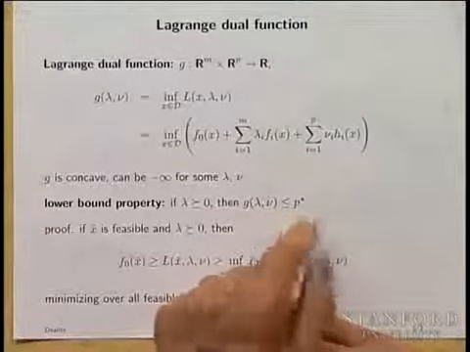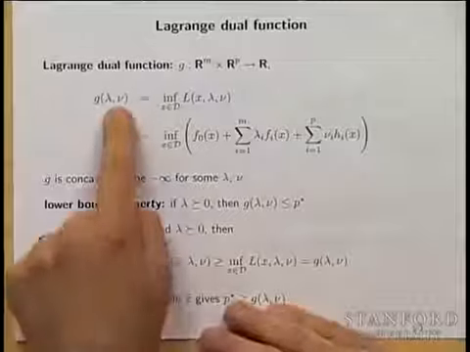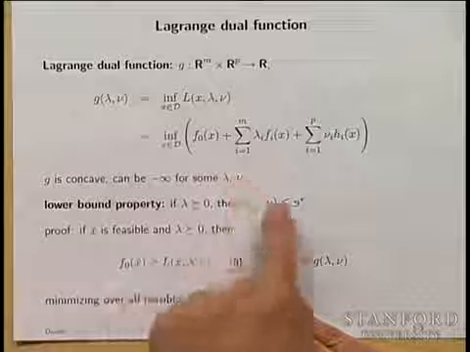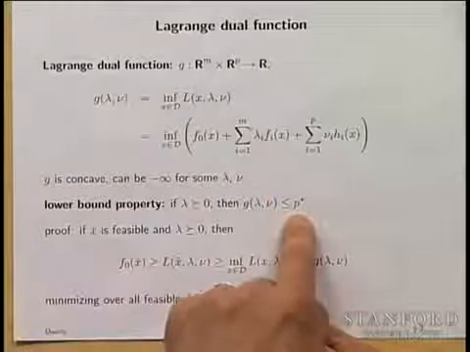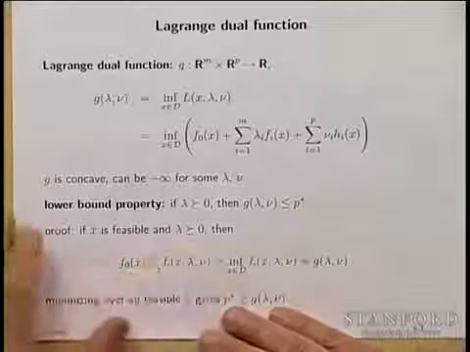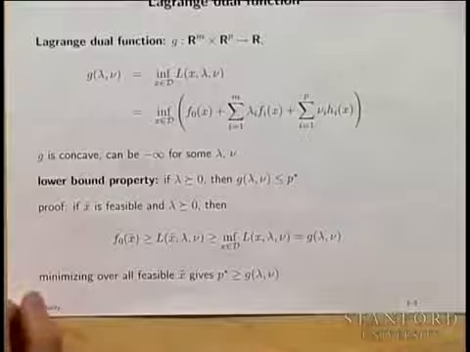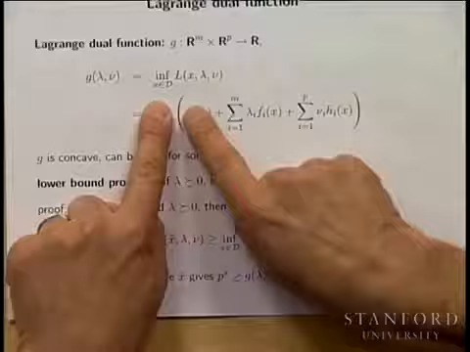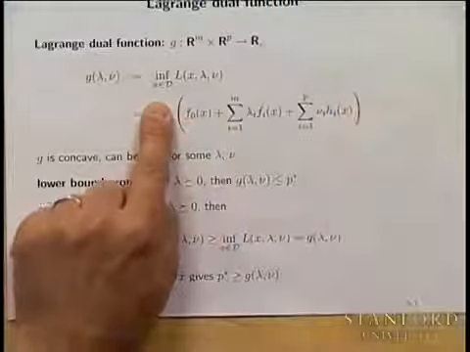Looks very complicated. It's quite profound. It says basically if you can evaluate g, this dual function, you're going to get a lower bound on the optimal value of the original problem. That's what it says. So the argument is embarrassingly simple. Let's do it this way. Look at this thing and imagine x is feasible.